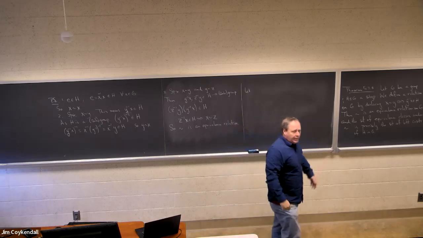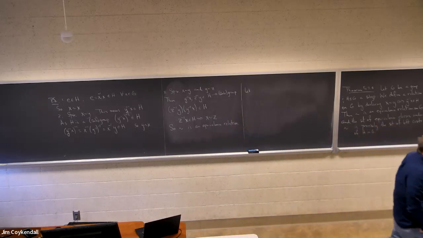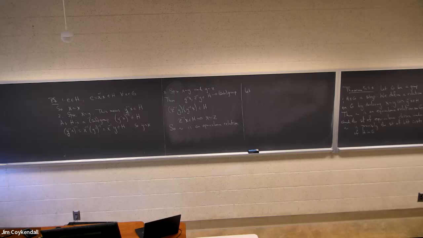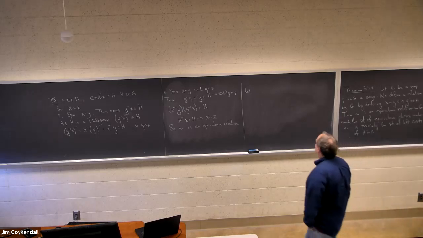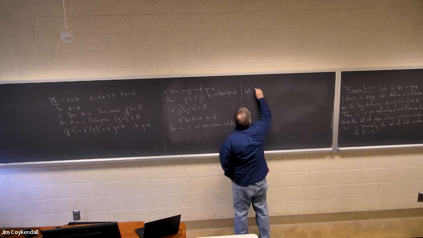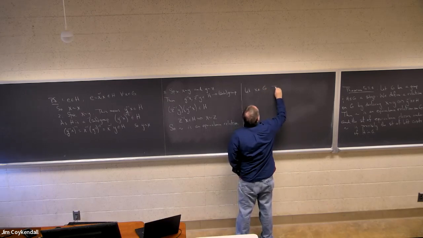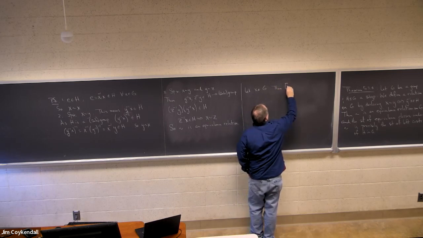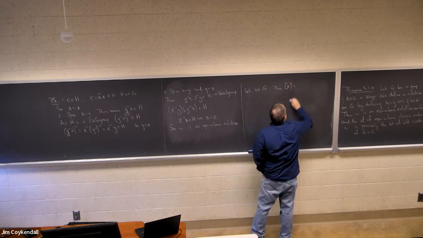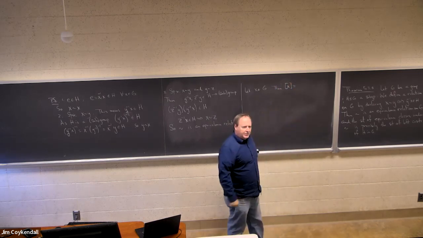So the strategy for the rest of it is I'm going to take an equivalence class and show it's a left coset. Then I'm going to take a left coset and show it's an equivalence class. Okay. So first of all, let X be in G, and the equivalence class of X. Let me remind myself what this is.